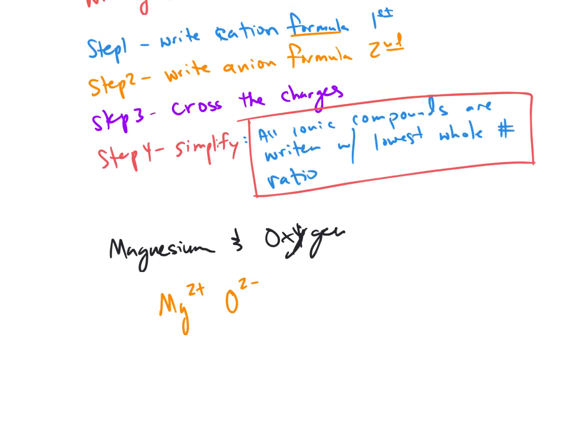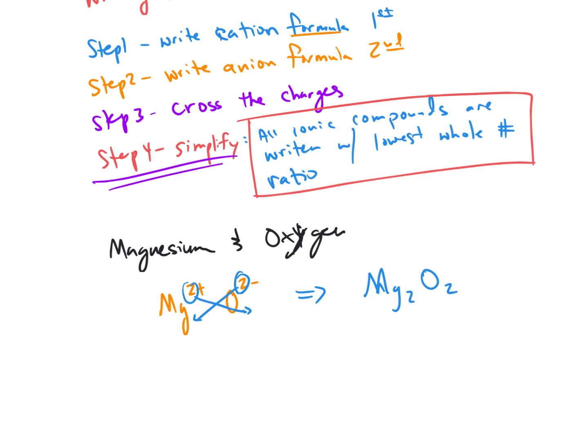Okay, now we wrote cation first, then the anion. Now what do we do? Cross these, not multiply, just cross the numbers over. So we got Mg2O2. Well, step 4 says to simplify.